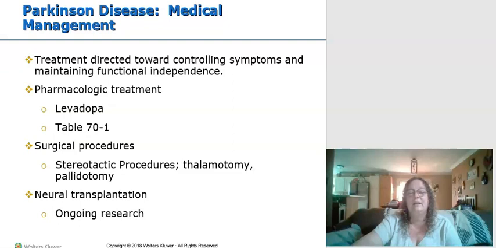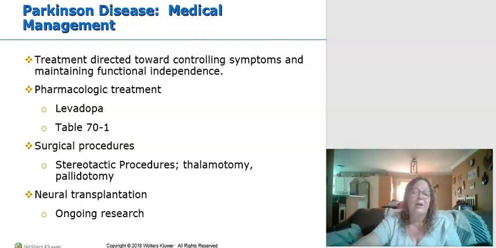And here they have the thalamotomy. This destroys the part of the thalamus to block the things that can cause tremors from reaching muscles. It's only used to control tremors, so it's not usually recommended for treatment of Parkinson's disease, but it is a potential surgery.